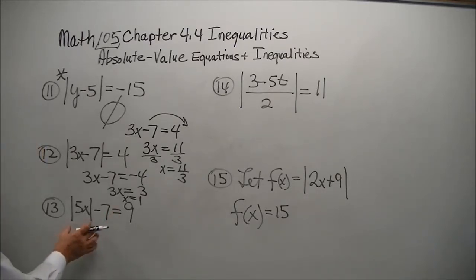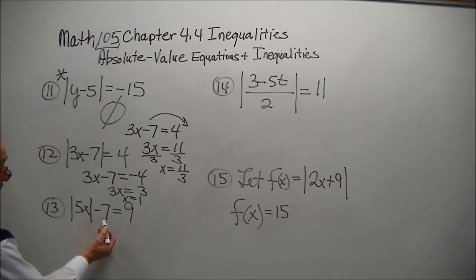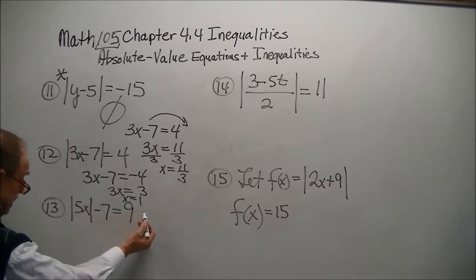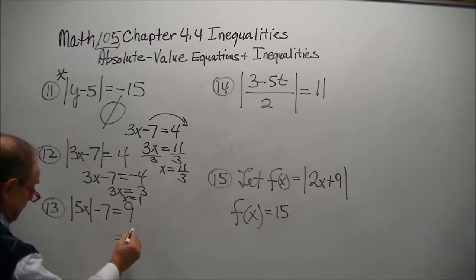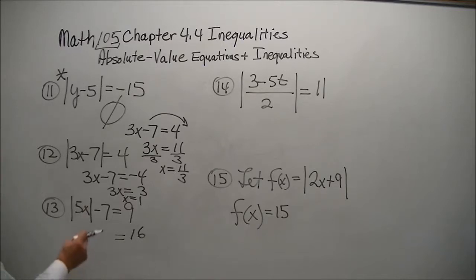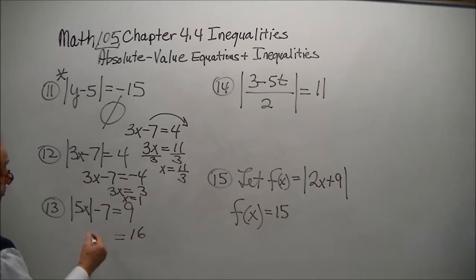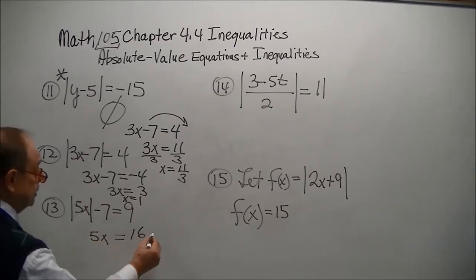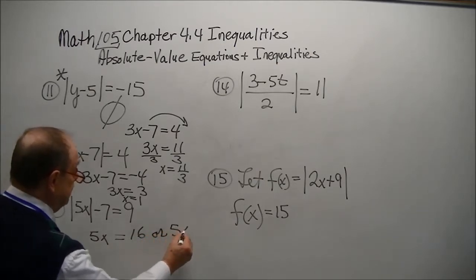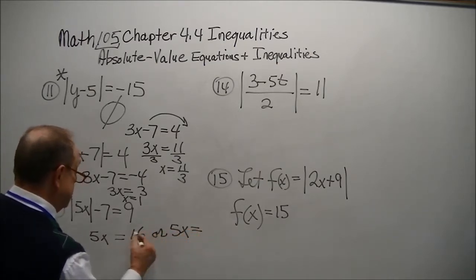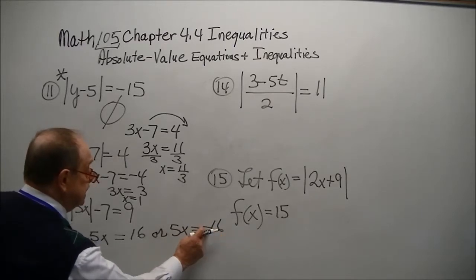Now, this one, again, is introducing a new rule where you want to isolate the absolute value on one side. So we need to get rid of our negative 7, and then this becomes a 16 over there, adding 7 to both sides, and then we write the equation twice, 5x equals 16, or 5x equals a negative 16.